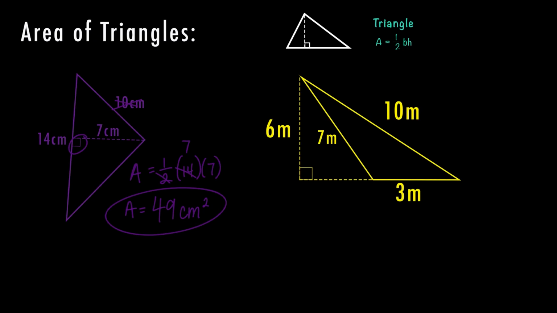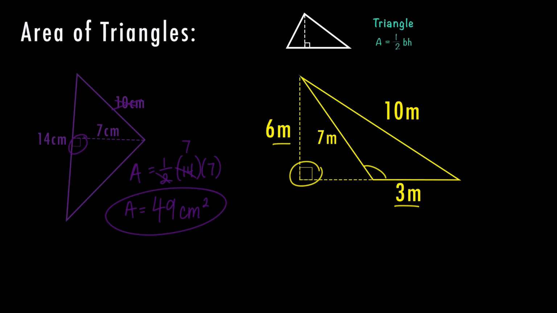This one looks very different because we have an obtuse angle here. And so your right angle is going to be off of the actual triangle because we can't make a right angle easily inside the triangle. So now I'm looking for that right angle to find my base and my height. So even though the 3 meters is not forming the right angle, the extension of it is.